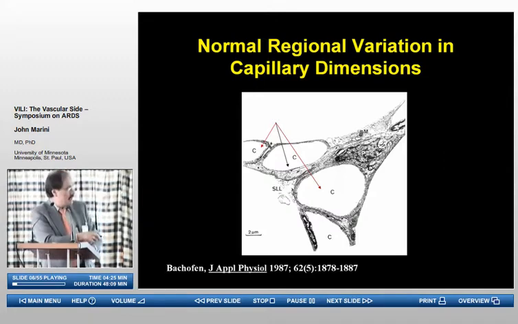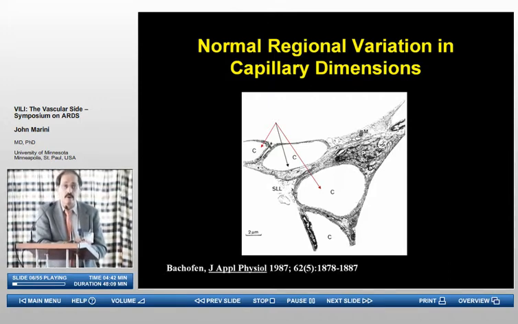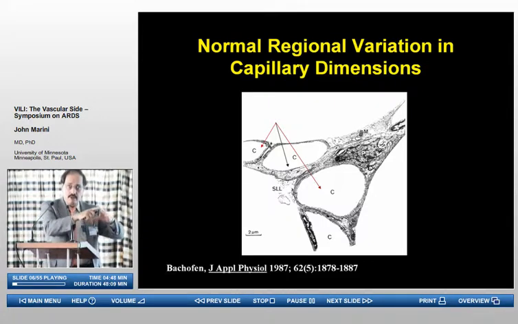You can look at the healthy lung, airspace, airspace, airspace, and capillaries in three different positions, and see that they vary rather remarkably in dimension, depending on where you are. By implication, there are stresses on the wall.